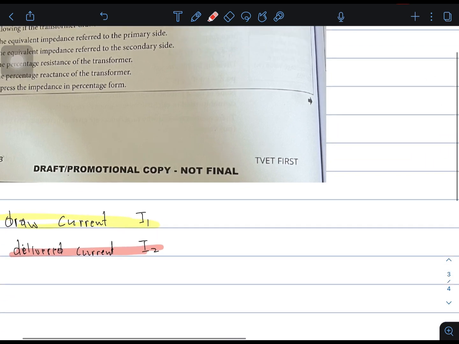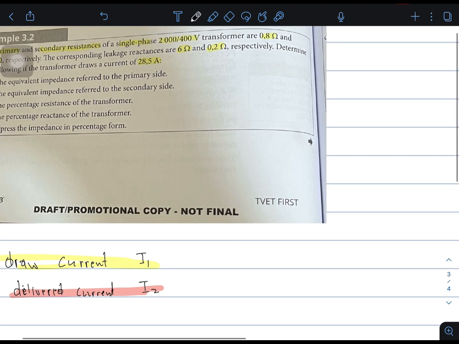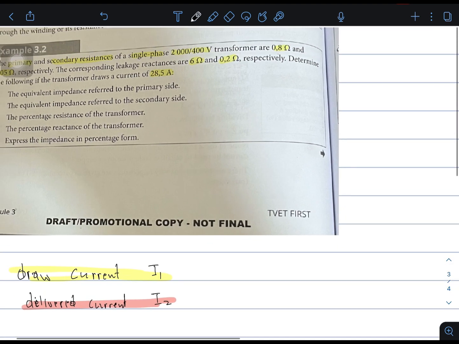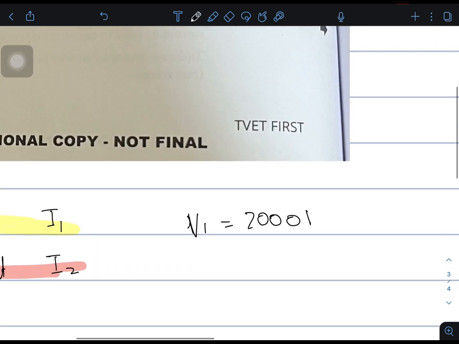So let us write down our givens. The primary voltage V1 is equal to 2000 volts, and V2 is equal to 400 volts.